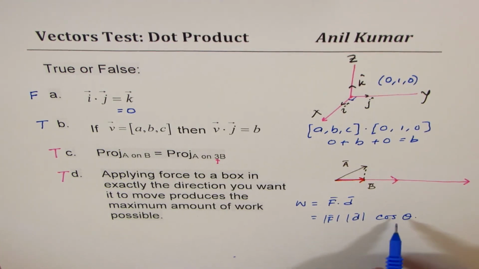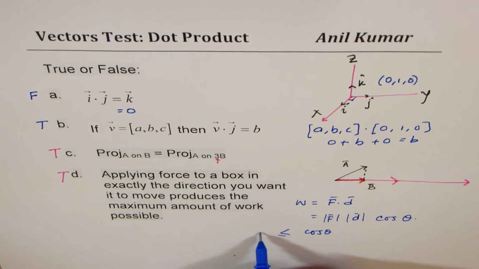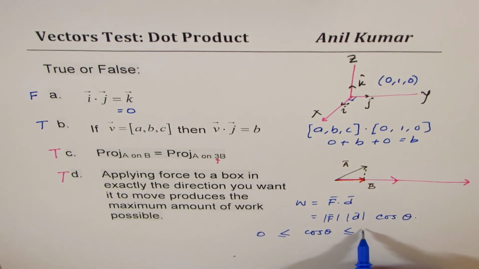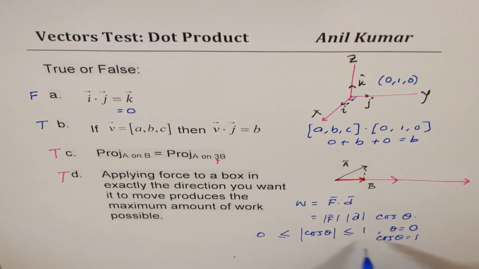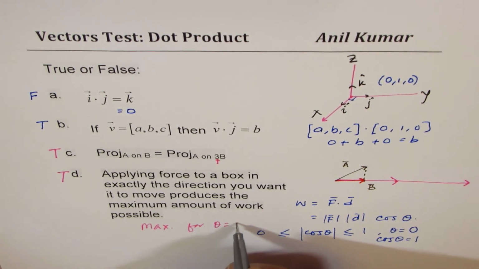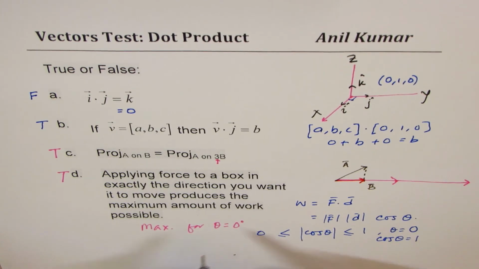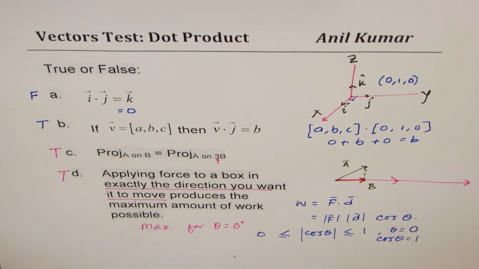What is the value of cos theta? The absolute value of cos theta is between 0 and 1, and it is maximum for theta equals 0, right? If theta equals 0, then cos theta equals 1, which gives you the maximum value. So it is maximum for theta equals 0 degrees, which means exactly the direction you want it to move.